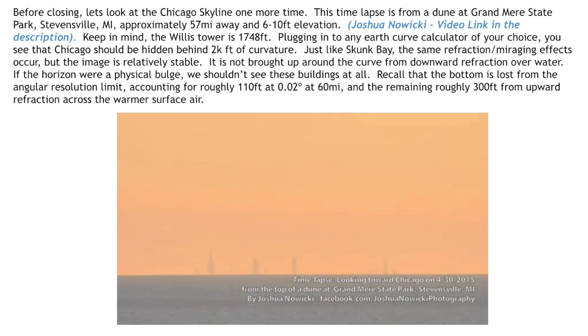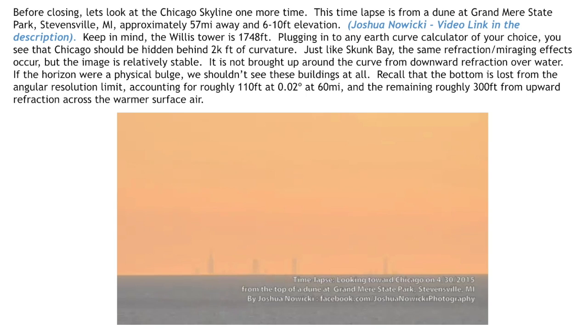It's not that you are bringing this entire amount of imagery up behind a curve, nor that it is compressing and moving back down again at that rate. It's just not happening. It is not brought up around the curve from downward refraction over water. It just doesn't occur. If the horizon were a physical bulge, we shouldn't see these buildings at all.